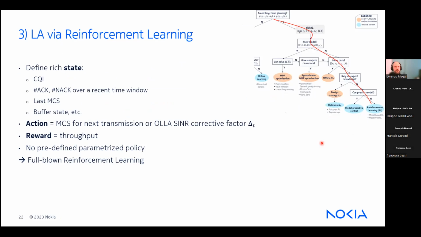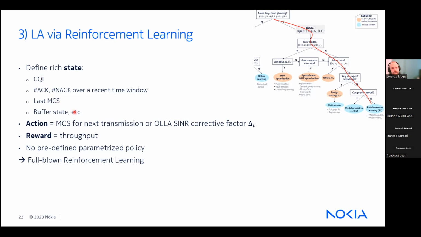Let's say that you want to define the state as richly as possible. So you don't only want to put the SNR, but also the number of ACK/NACKs, the last MCS, the buffer state of the user, because you think, and you're right if you think so, that the problem is not as simple as I've basically explained to you.